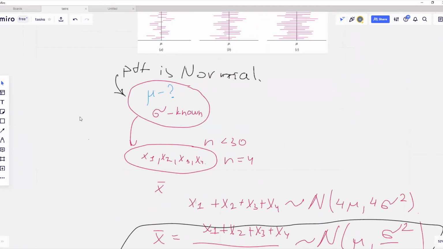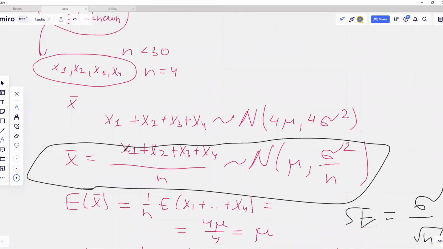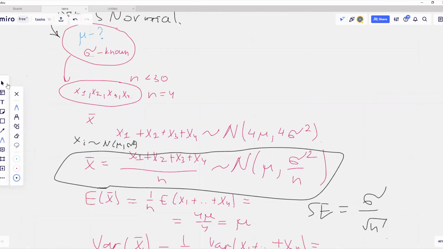Otherwise, we would not be able to use this step here, since we said that the Xi's follow a normal distribution with mean mu and variance of sigma squared. Otherwise we wouldn't be able to use the linear combination of normal random variables.